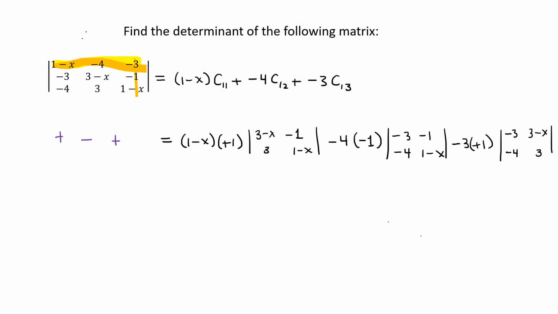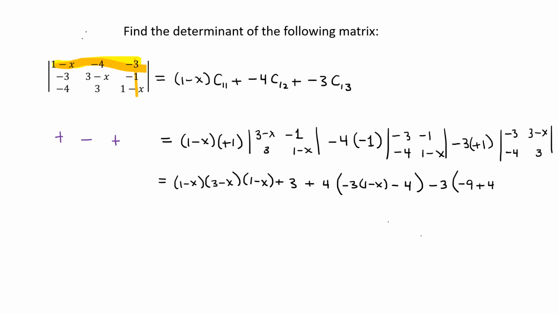Okay. So in total, we've got 1 minus x times 3 minus x times 1 minus x plus 3, plus 4 times negative 3 times 1 minus x minus 4, minus 3 times negative 9 plus 4 times 3 minus x.